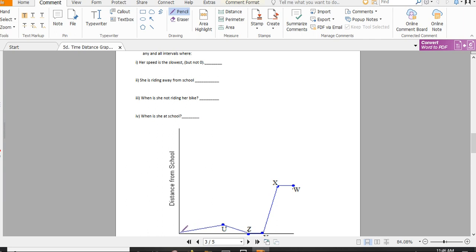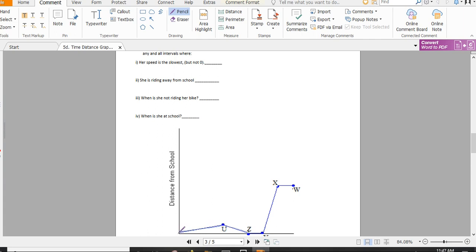Her speed is the slowest. Well, let's see. In this section, you want to see between this line and this line, which is the steepest. Steepest would mean the fastest, sorry. So which one is the least steep?